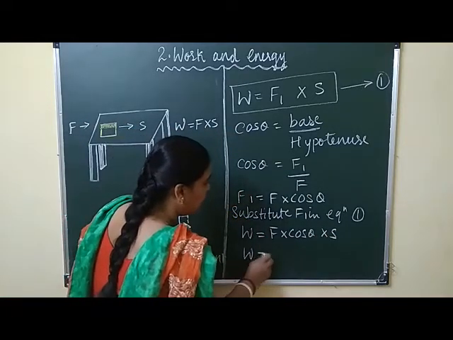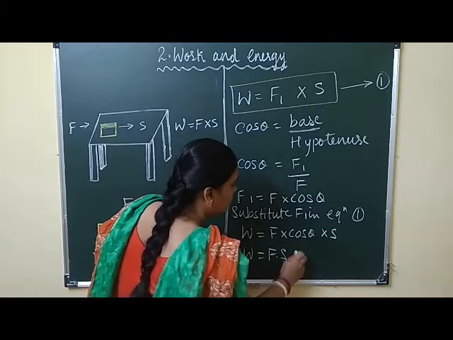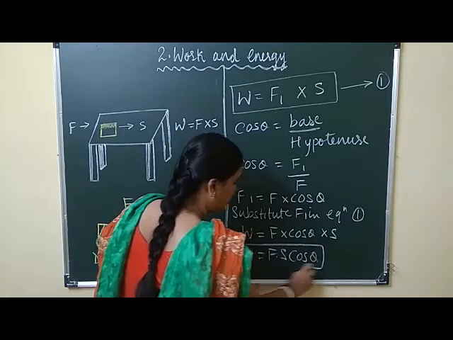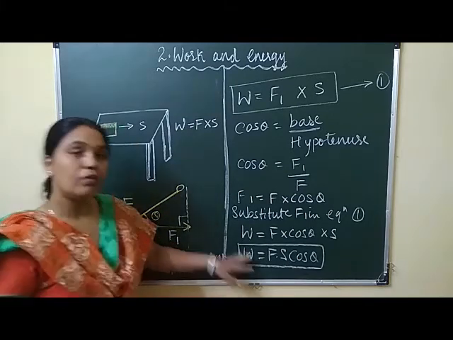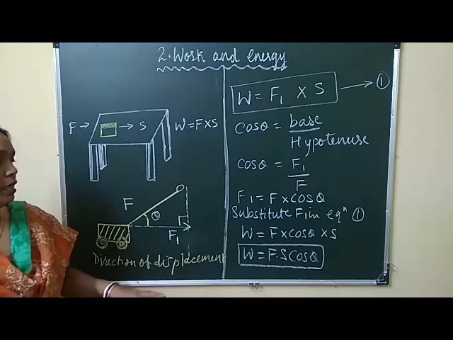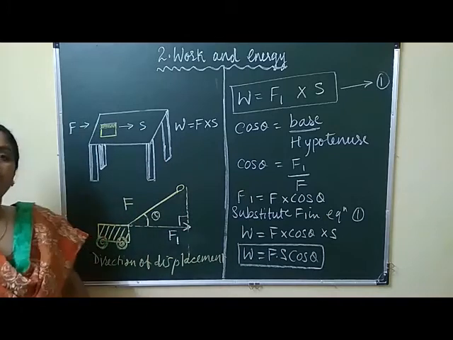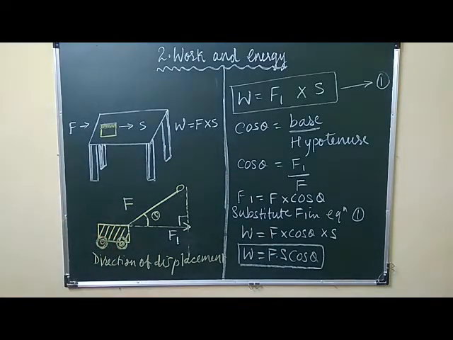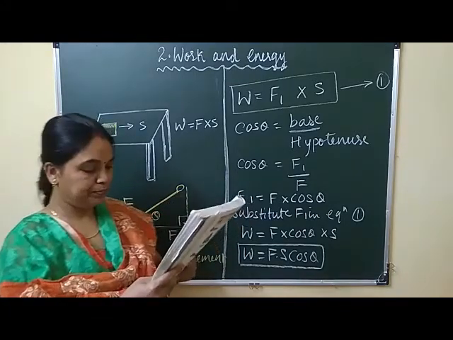We get W is equal to F s cos theta. So this is the actual work done when the force makes an angle theta with the direction of the displacement. Now, in your textbook, there is a table shown.